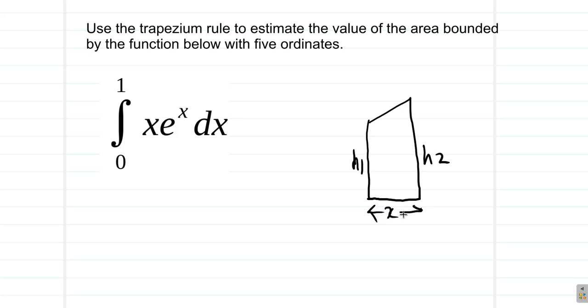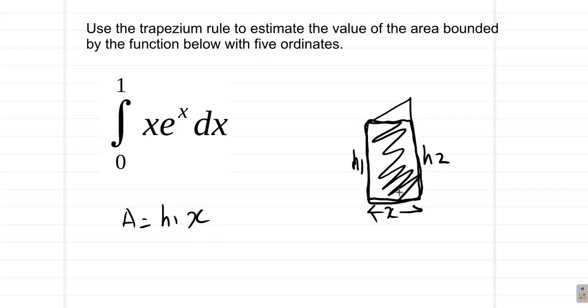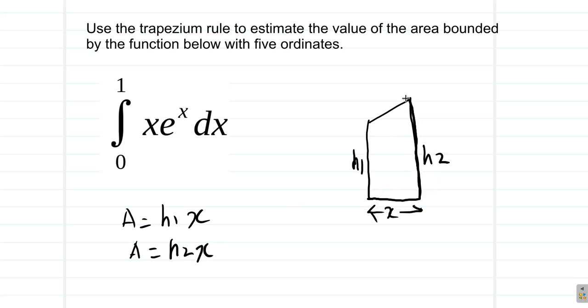Here, the area of the trapezium. If you say area is equal to H1 times X, you would be talking about this area here, which would be too small, because you would have left this part out. If you say the area is H2 times X, it would be too large because you'd have added something right here.